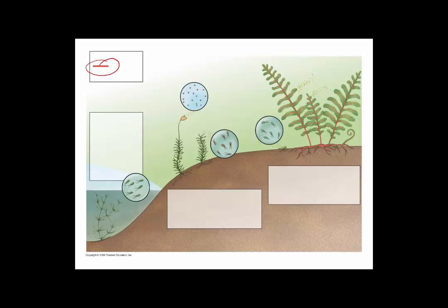It represents vascular tissue. It might not be super apparent from the diagram unless you look really closely, but the key thing to keep in mind is that this fern over here on the right has vascular tissue, and this moss over here in the middle does not.